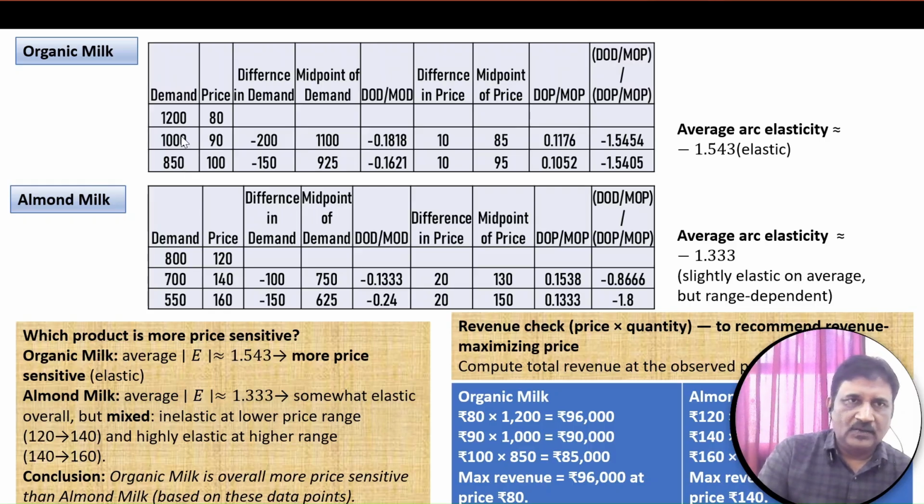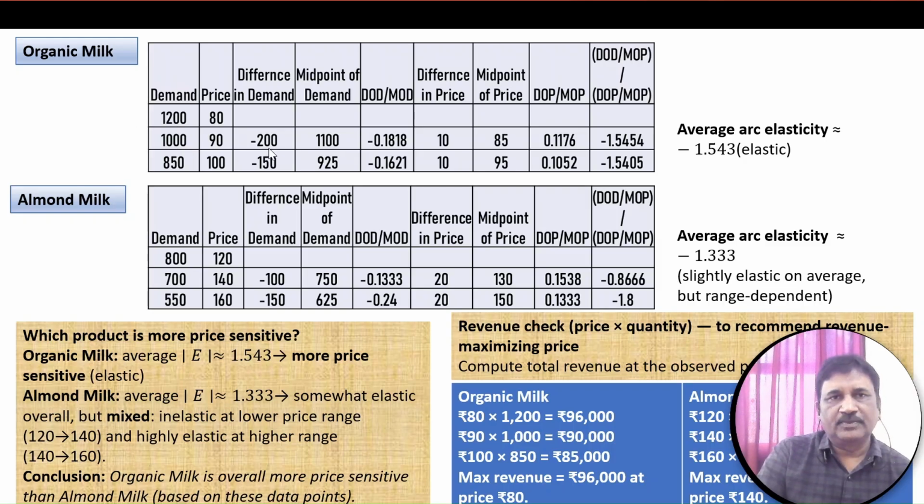So we'll be finding the change in the demand, the difference in demand, then the difference in price, the center point of the demand, the center point of the price, and then we will be getting the elasticity of demand. As you observe here, for the second data point the demand is 1000, and for the first data point it is 1200.